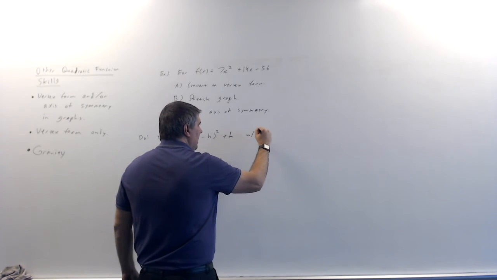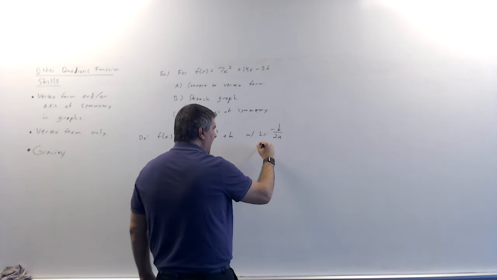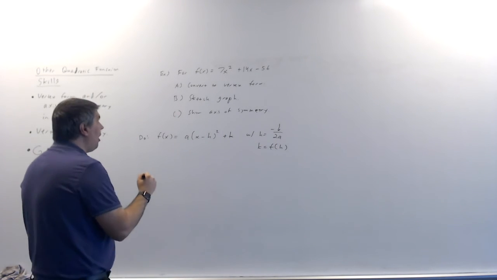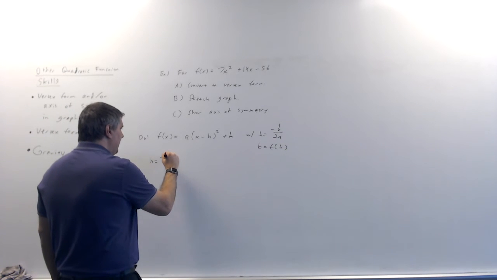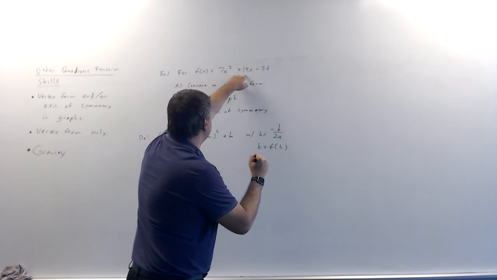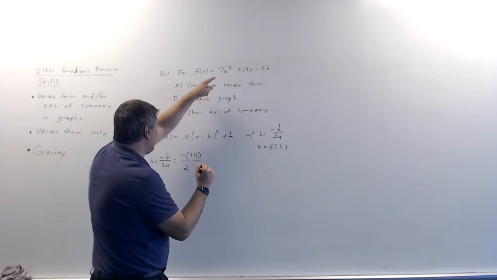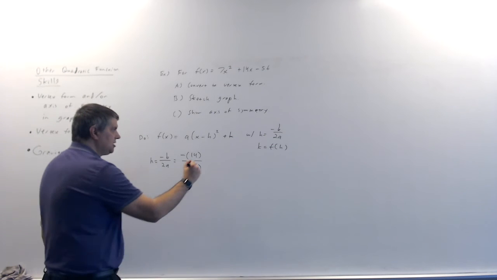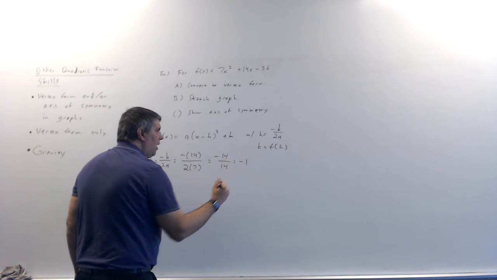with h equals negative b over 2a and k equaling f(h). All right, so all I need to do is negative b over 2a equals negative 14 over 2 times 7. Okay, so this is going to be negative 14 over 14, which is negative 1.